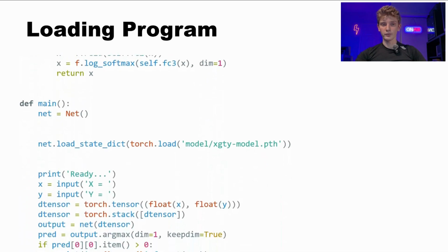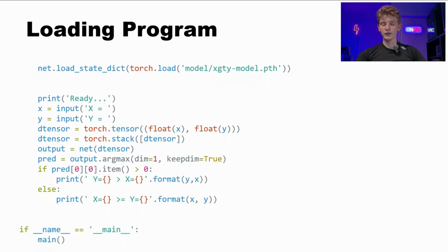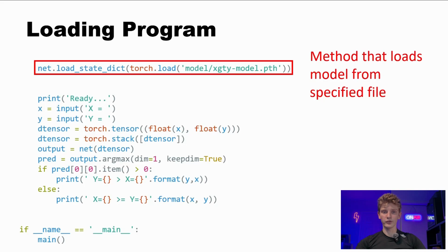This is important: we still need to have the code which defines our own neural network class and its structure. And then the rest of the code is just the code for making a prediction, where we call our own neural network. However, we have an extra line, and this is the line of code which will allow us to load our already trained model from the file that we saved it to earlier.